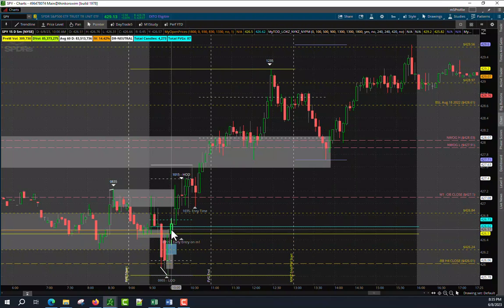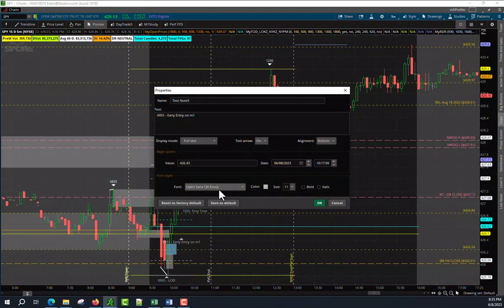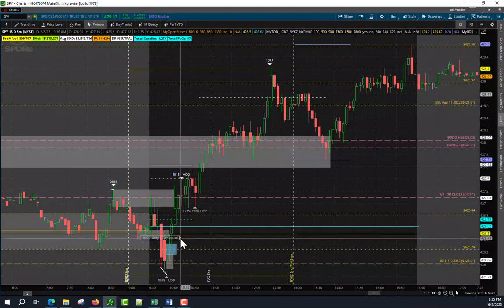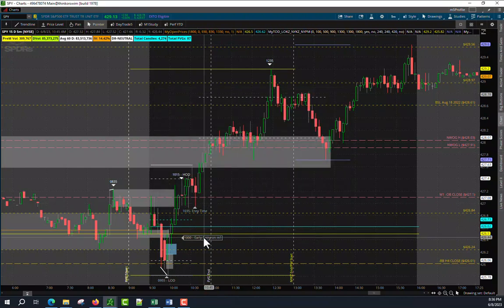This is 10, that's exactly 10 a.m. And we want to go to the left. So we just try to annotate right here.